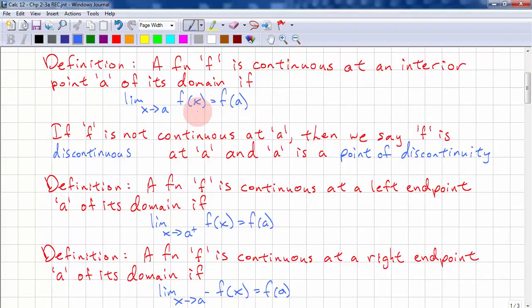Remember that we said the limit as x approaches A of f of x does not necessarily have to equal f of A. But if it does, then that means it's continuous.